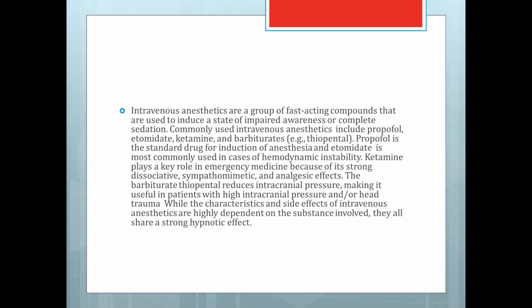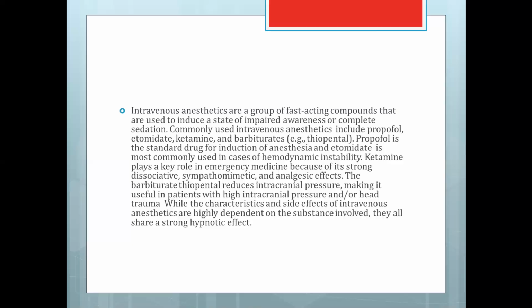Ketamine plays a key role in emergency medicine because of its strong dissociative, sympathomimetic, and analgesic effects. The barbiturate thiopentone reduces intracranial pressure, making it useful in patients with high intracranial pressure and or head trauma. While the characteristics and side effects of IV anesthetics are highly dependent on the substance involved, they all share a strong hypnotic effect.